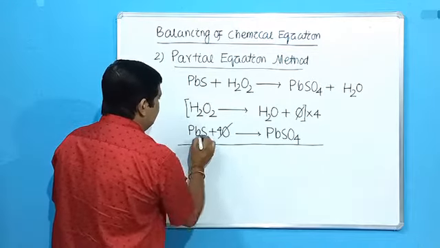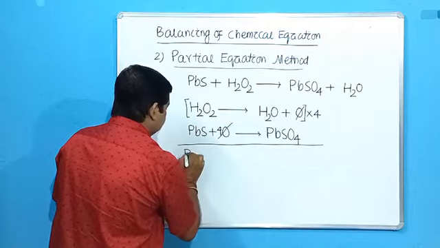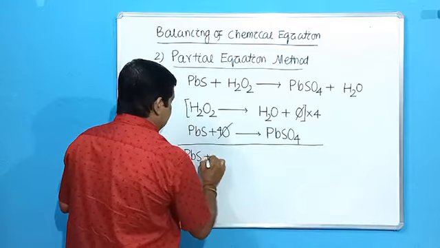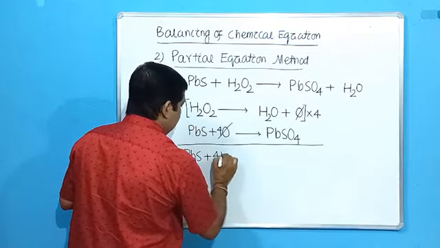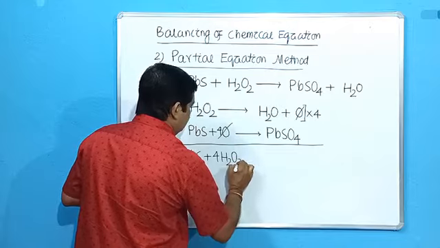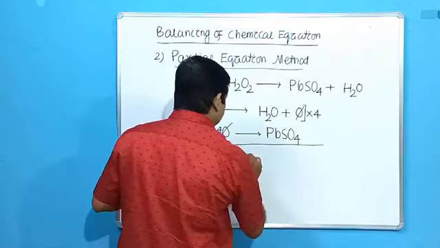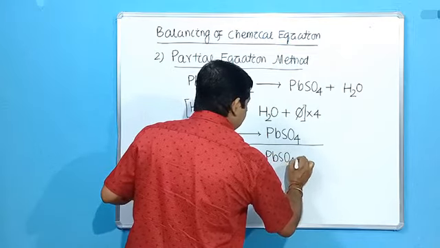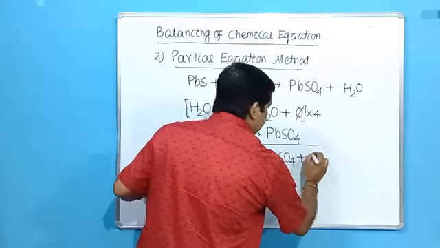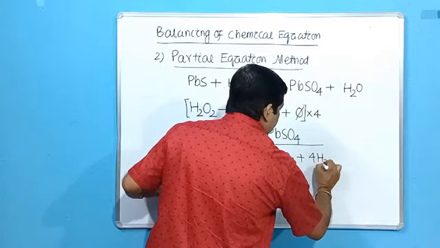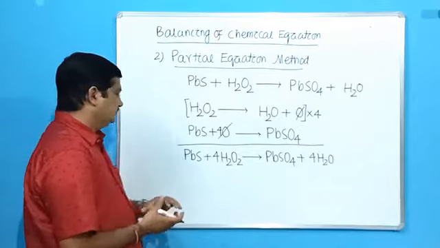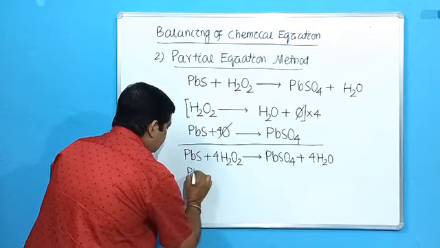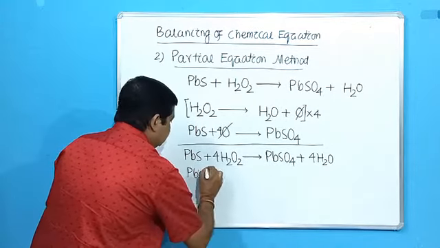Okay. So what will be the final reaction? Now look. PbS plus 4H2O2 gives rise to PbSO4 plus 4H2O. Cross check: Pb balanced, 1 and 1.